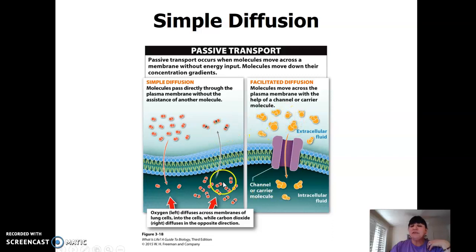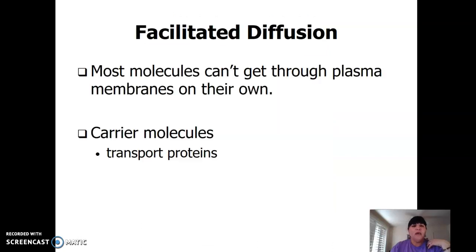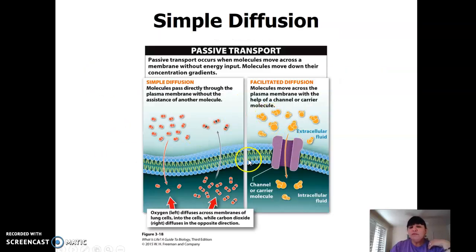So again, I'm going to have videos on this, and it really helps to look at the videos. There are animations showing you that. So yes, facilitated diffusion. Most molecules can't get through the plasma membrane on their own, unlike oxygen and carbon dioxide. So they need those carrier molecules. So what moves through the cell through facilitated diffusion? Sugars, okay?